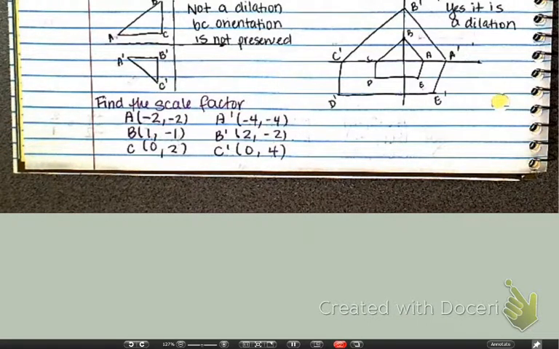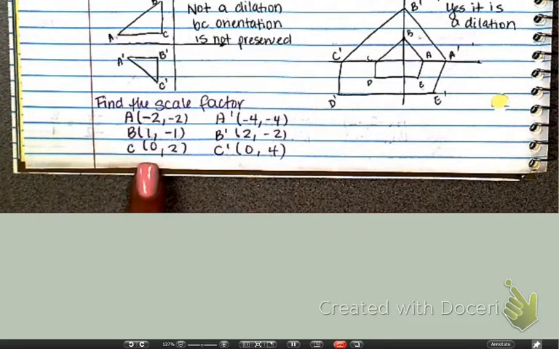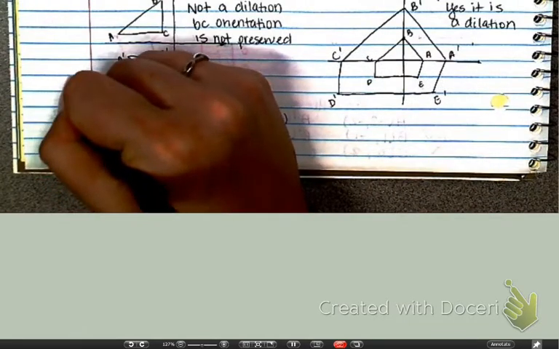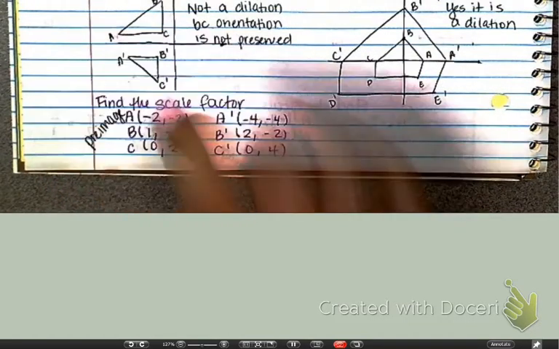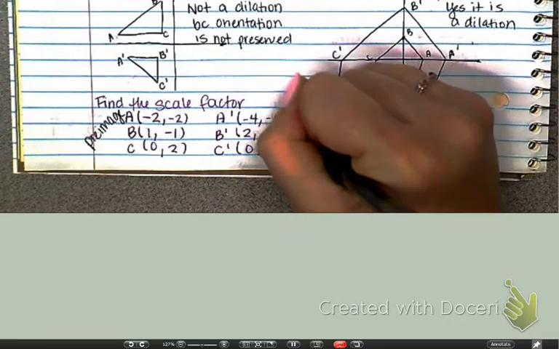But before I do that, let's get some information. Which one is my image versus my pre-image? The one on the left is the pre-image. Yes. Okay, because your primes are your image.